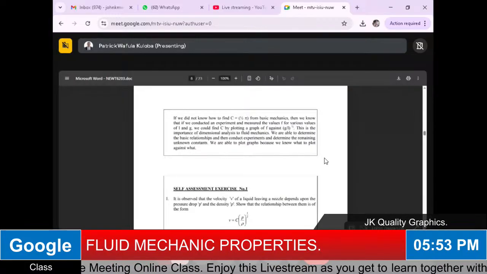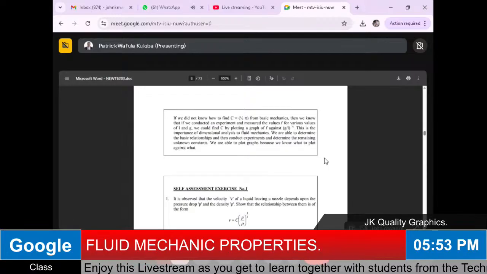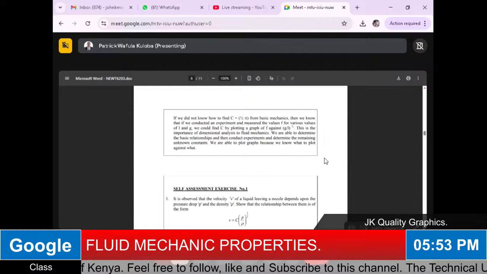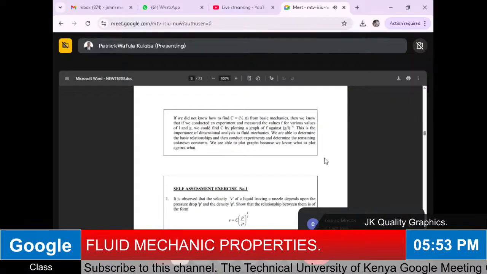Where there is density, you put M L raised to minus 3, in brackets, raised to b. Then expand that equation, so you have C outside. Then you have M raised to a, L raised to minus a, T raised to minus 2a. Continue with the other one, so you have another M raised to b and L raised to minus 3b.